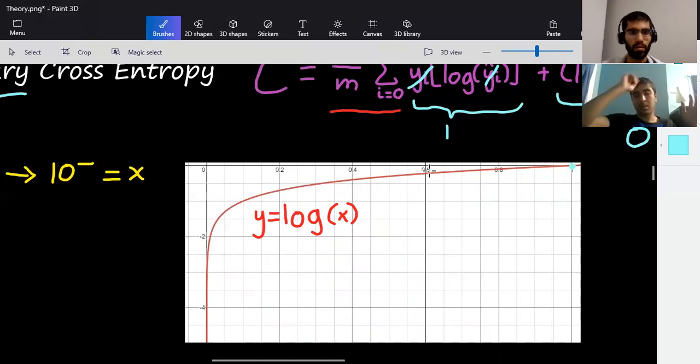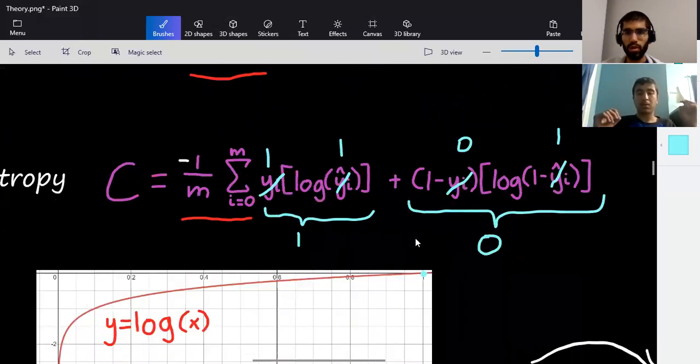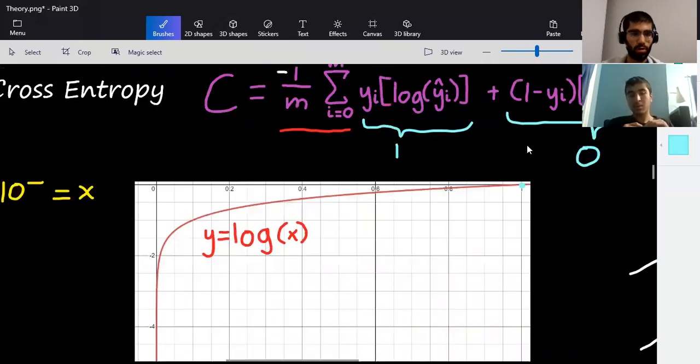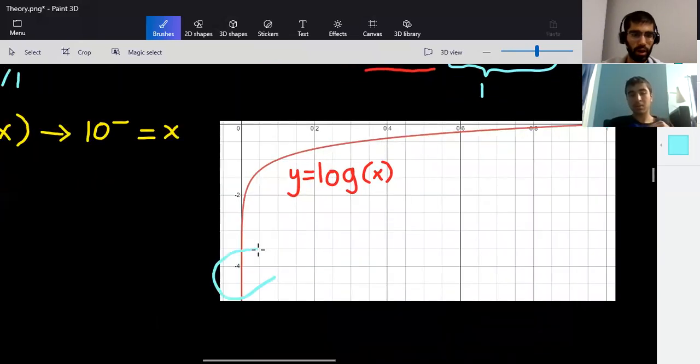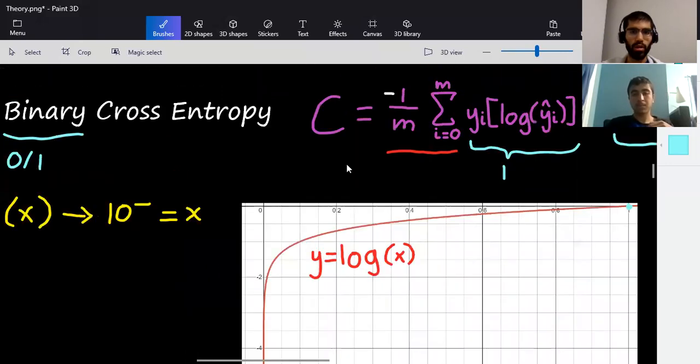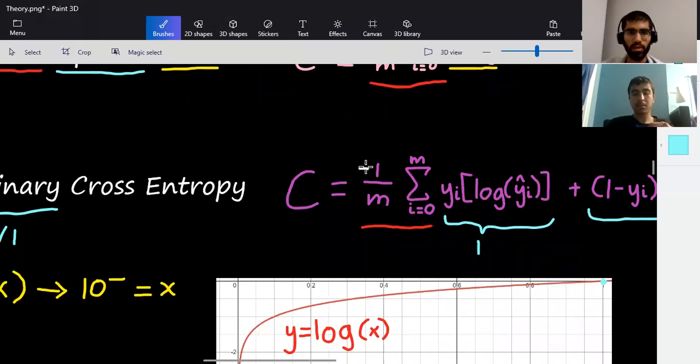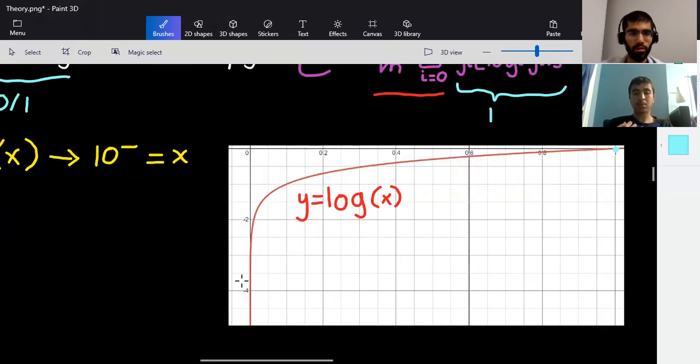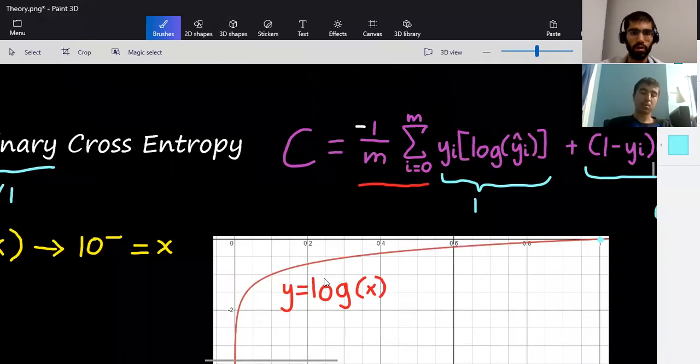Okay. Now, just keep one thing in mind here. Notice when the algorithm gets it wrong, we're giving it a very large negative cost. That's really weird. So that's why over here I have this negative 1. At the end, we multiply all of these negative values by negative 1 so that we get a positive loss.